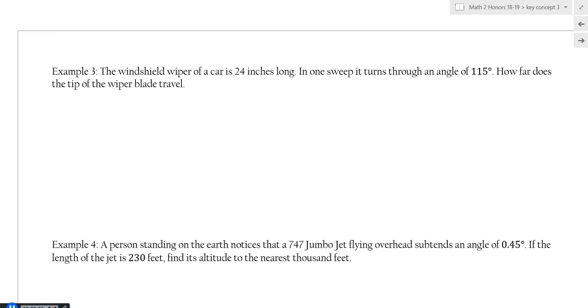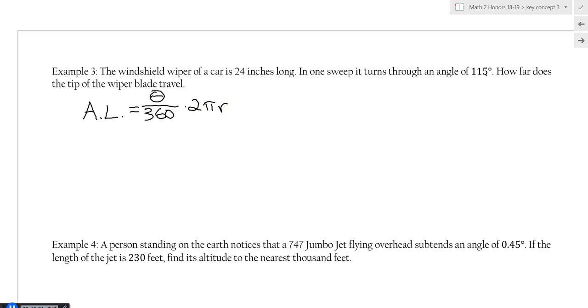I know this is an arc length problem because it's asking me how far something travels, so that's a distance. Arc length equals, right, theta over, I know it's going to be 360 because this is in degrees, times 2 pi r.